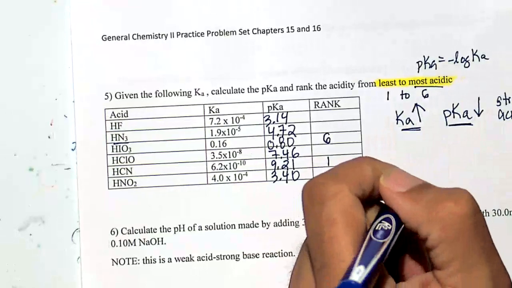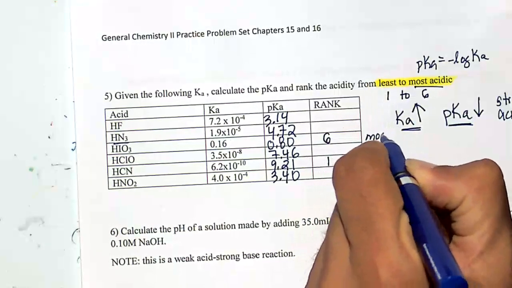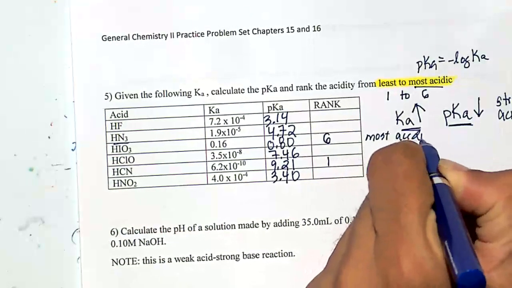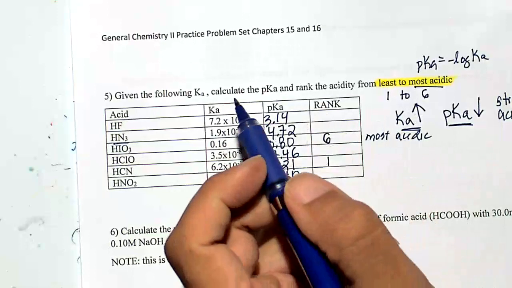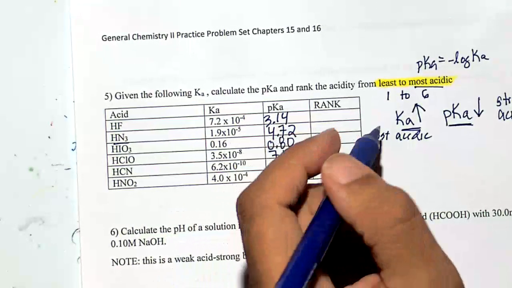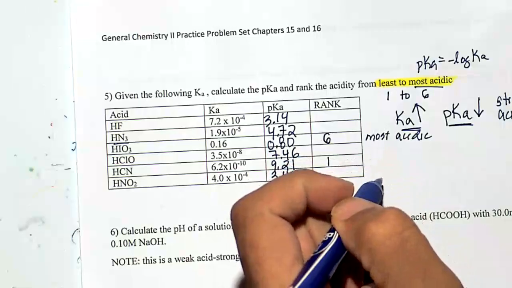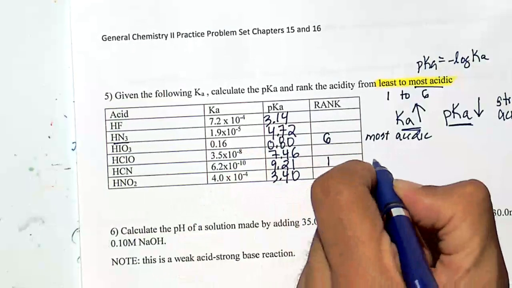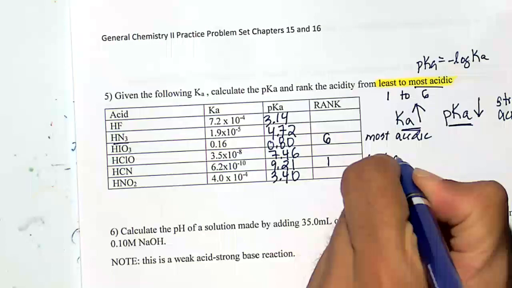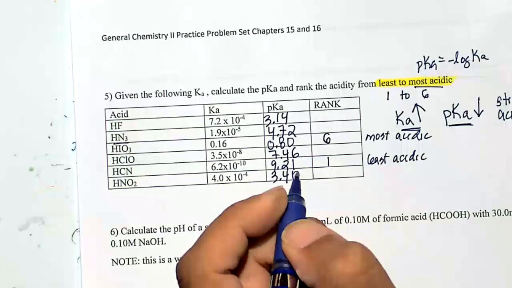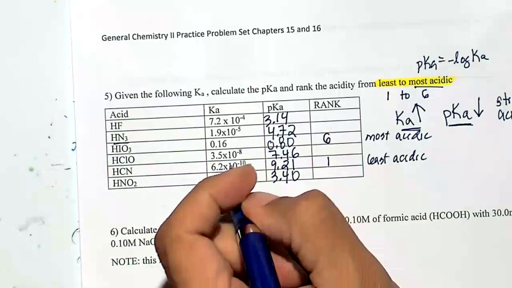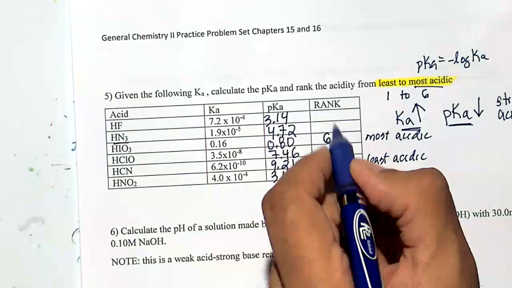I'll list them. Okay, you can do that too. That's fine. But when I grade it, probably most acidic is that. Least acidic is 10 to the minus 10. What's the next least acidic? 10 to the minus 8, is that correct?